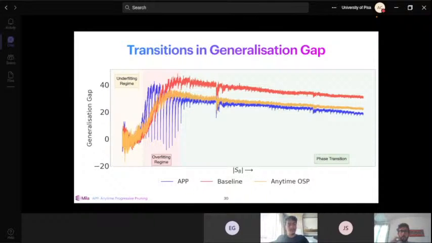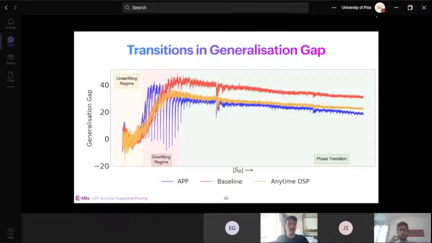The hypothesis for the oscillation that I told you about earlier is that when you do progressive pruning, you are essentially modifying the model at the start of each megabatch. So it acts like an implicit regularization technique, and hence you forget a bit of the previous knowledge that you had acquired with a completely different structure.